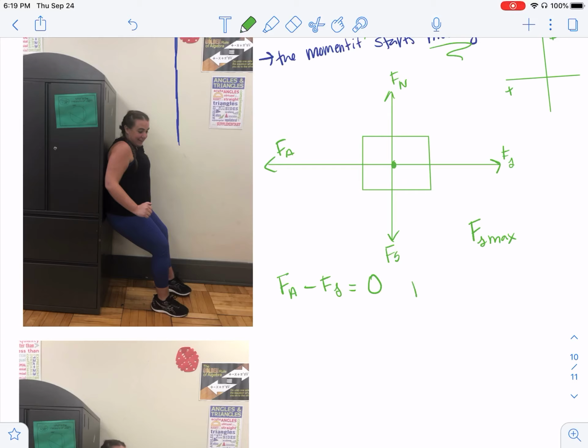So now I would actually say Fa is equal to Fs max. So Fa is equal to mu s times force normal.